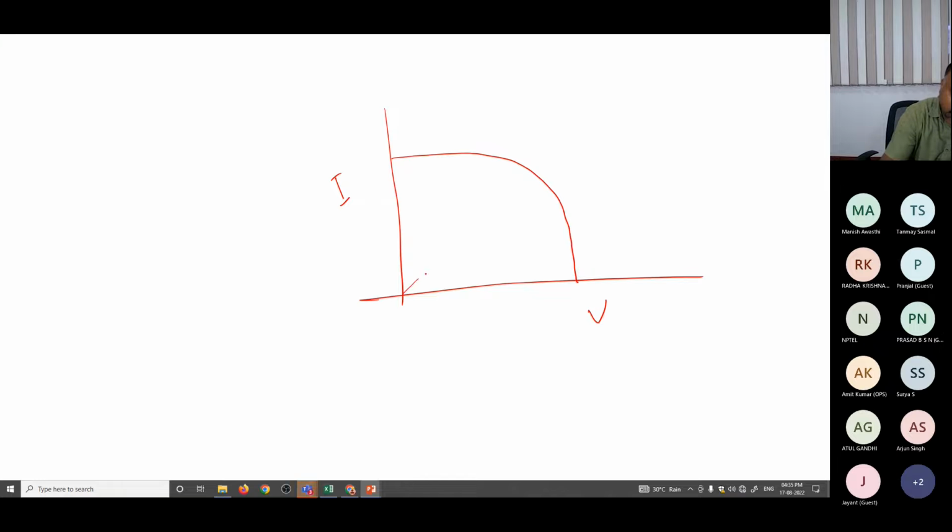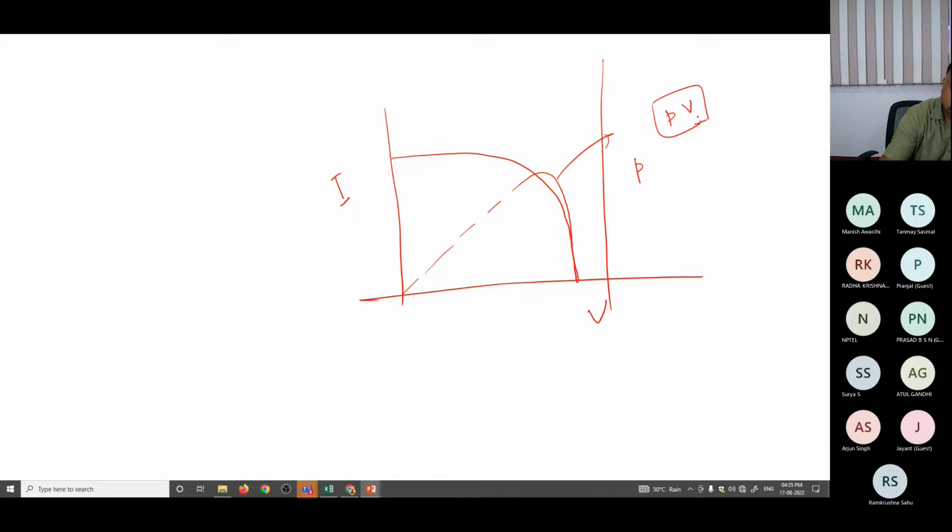And if we draw the PV diagram, it will be somewhat like this, and it will meet somewhere here. So this is your IV, and if I write this axis as P, this is your PV characteristics.